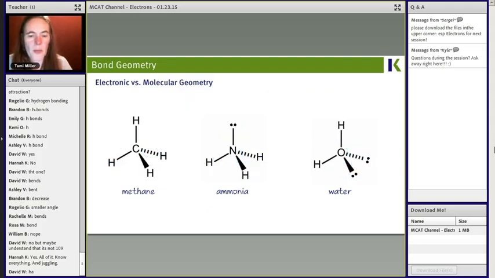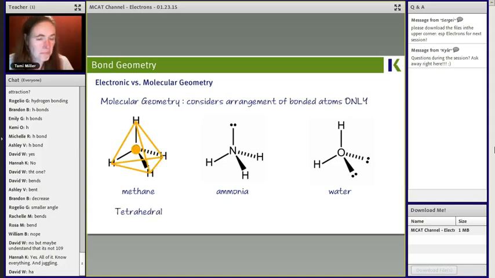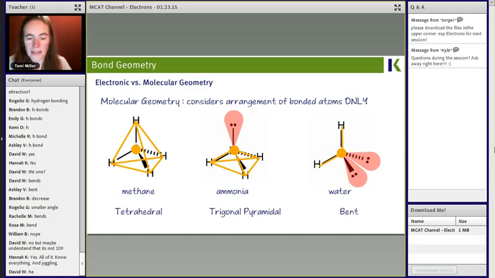Methane is still tetrahedral. Ammonia is trigonal pyramidal. Look at that shape, 107. And water, we know is bent, is really small. That's 104.5. So understand the difference between electronic geometry, our electrons, and molecular geometry.